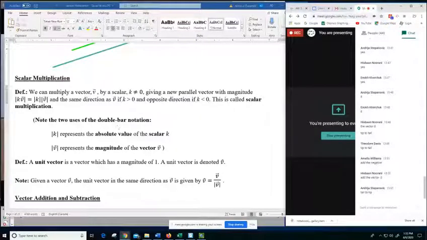Okay, but understanding that when you're finding the magnitude, which is a positive number, make sure that if k is negative, you're taking its absolute value. Okay. And lastly, this idea of a unit vector is a vector that specifically has a magnitude of 1, and there's a v hat notation. And if you want to take any vector and create a unit vector in the same direction, you just take the vector and divide by its magnitude.